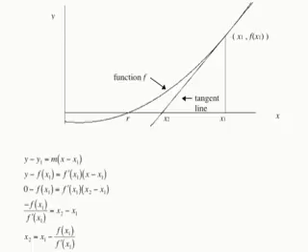So we want to take that equation, rearrange it, and solve for x2. First thing we do is divide both sides of the equation by f'(x1). So we end up with -f(x1) / f'(x1) = x2 - x1.